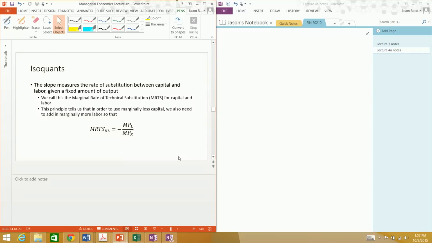It tells us that the MRTS is equal to the negative MPL over the MPK. So why do we know that this is true?